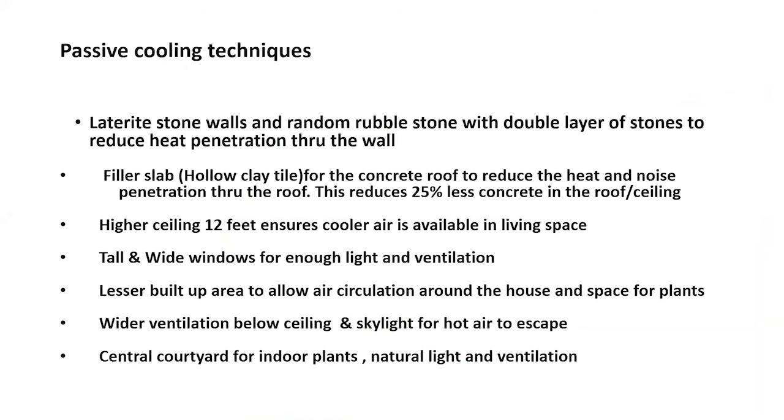The windows are very wide because the light has to come in, and also the ventilation. And the house is surrounded, I mean that example which we showed of the veranda, the house is surrounded usually with a lot of space, so that trees can be planted and the cooling effect can come in. Shade can come in. So lesser built up area, whenever you build the least amount of area in a plot. And the central courtyard can give you natural light and ventilation.